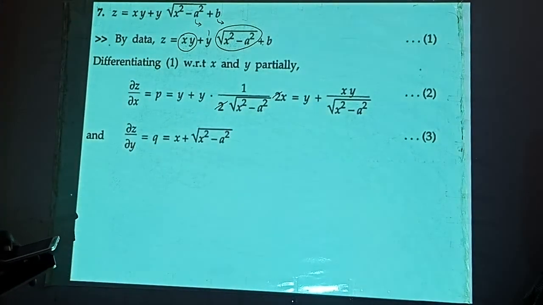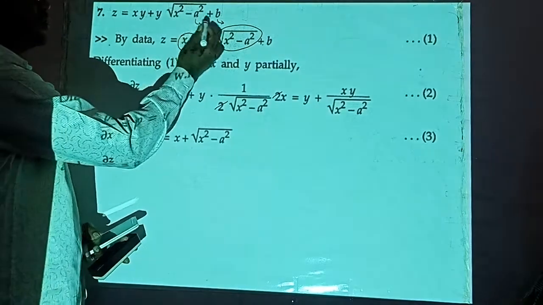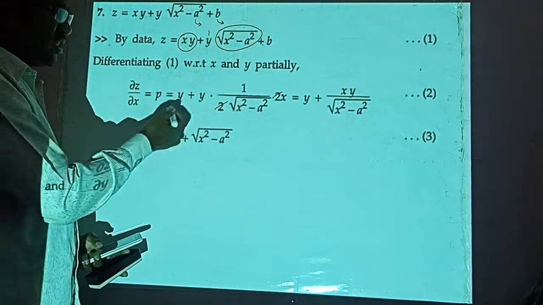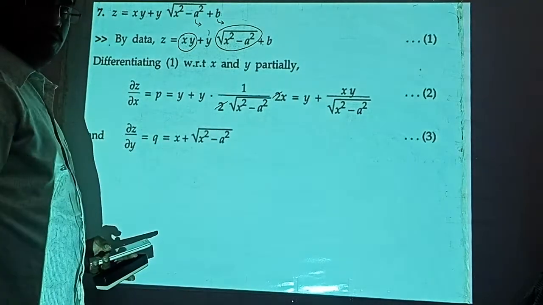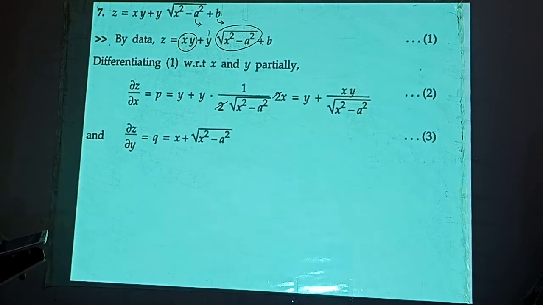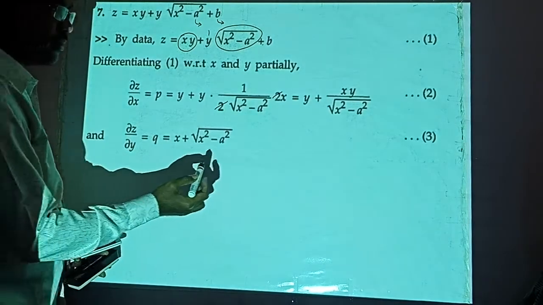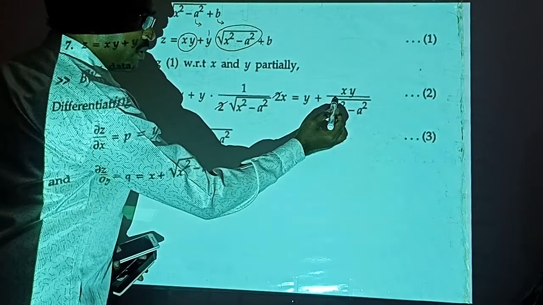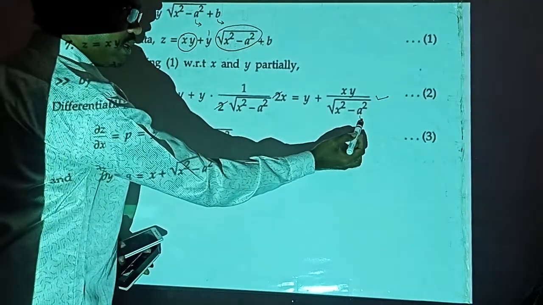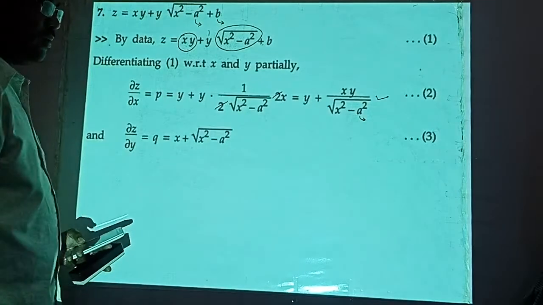Now we need to eliminate, since we have only two constants. Only first order partial derivatives may be sufficient to eliminate the arbitrary constants. If you carefully observe, in this equation number 2, we have only a. There is no b.